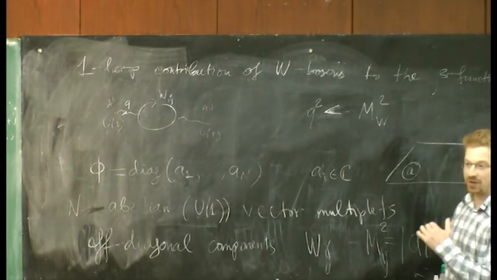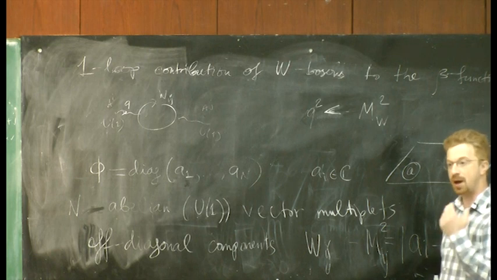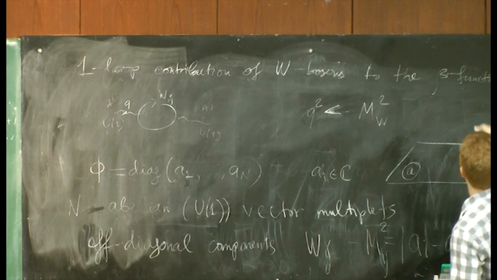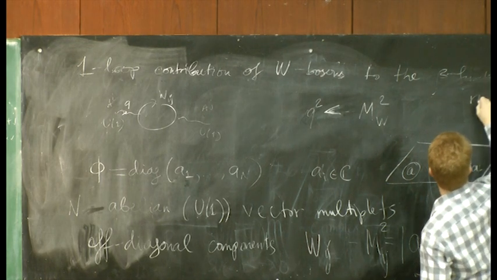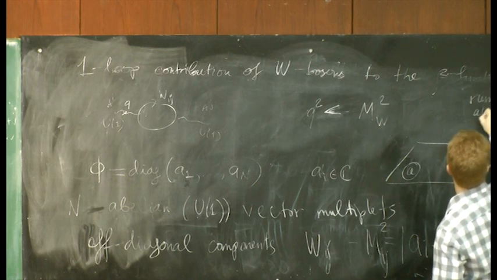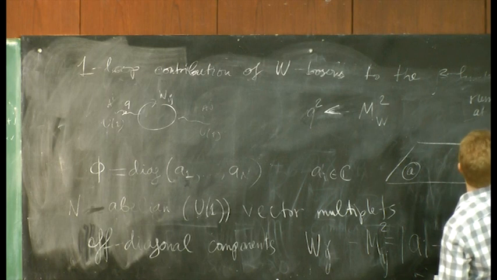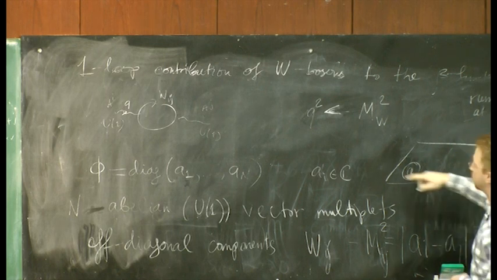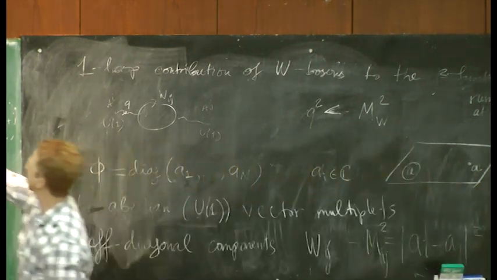When the effective coupling stops running depends on the mass of a W boson for a given point in the moduli space of vacua. So for a point A, the running stops at Q squared equals the absolute value of A_I minus A_J squared, for a corresponding coupling tau_IJ.